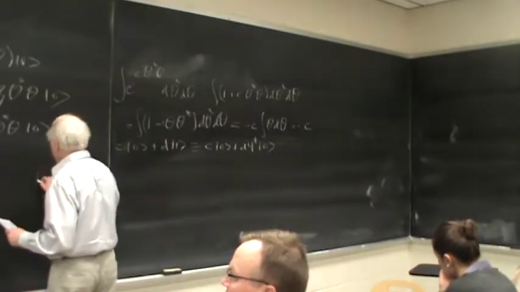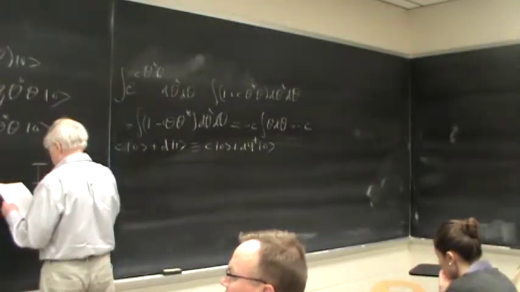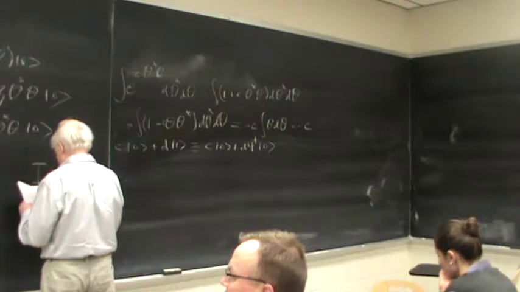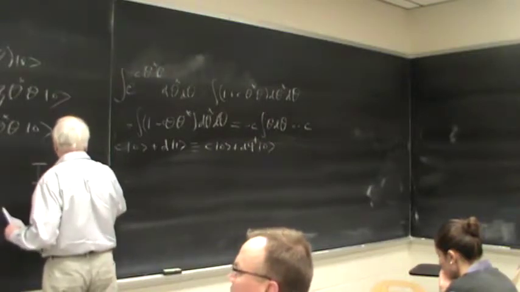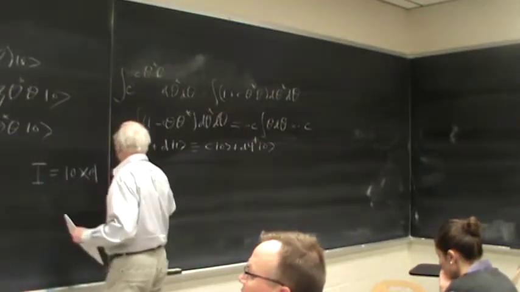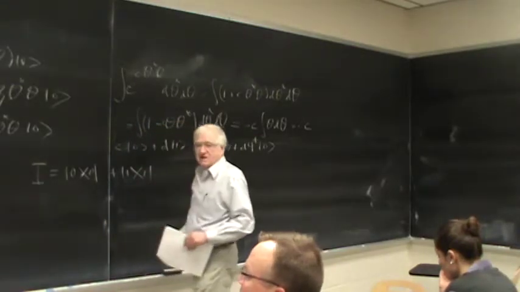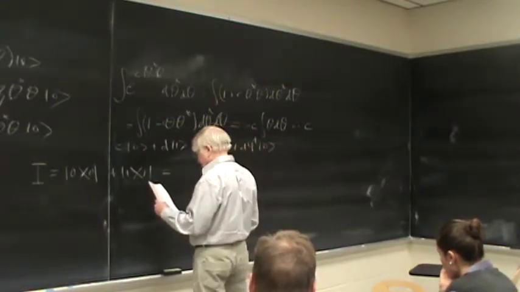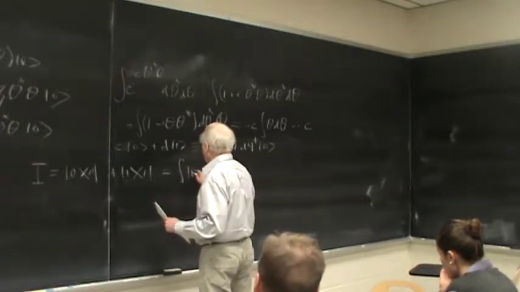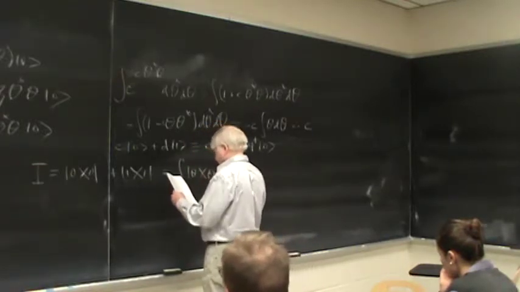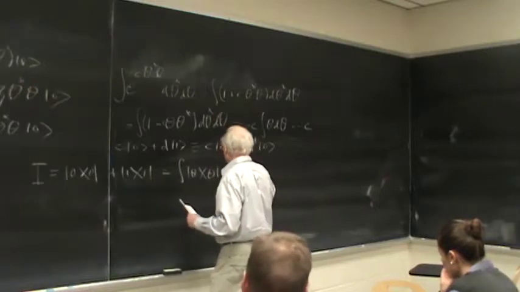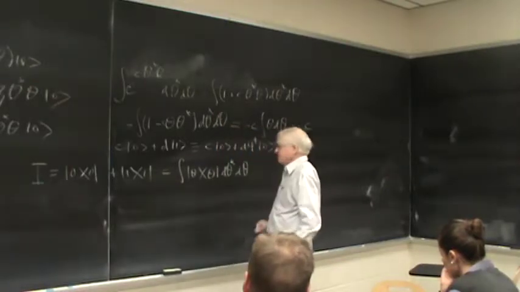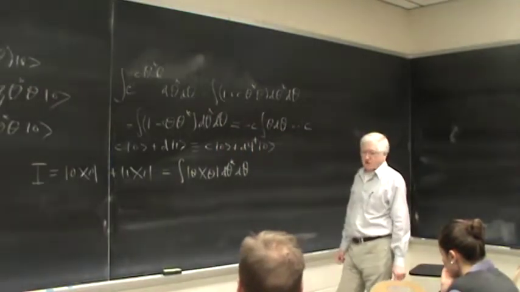And now what's the identity operator in this space? Well, it's clearly this plus 1, 1. That would be our identity operator for this space. Turns out that this is equal to this expression here.